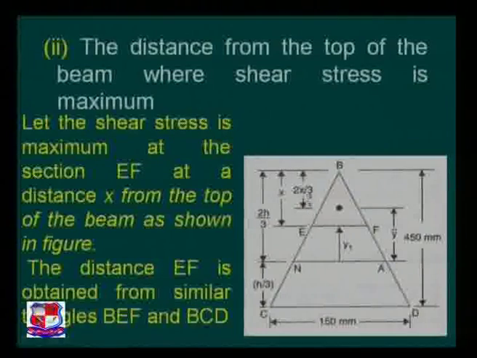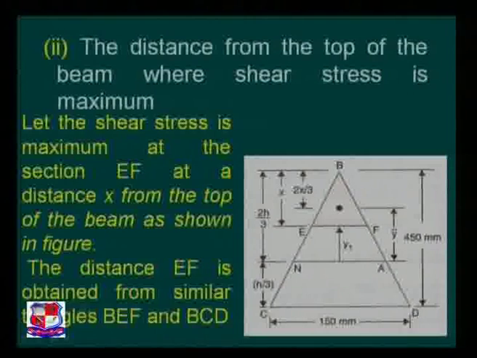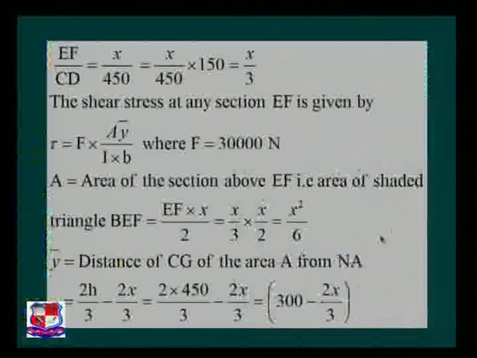So this value is 2x by 3. So we can find it as 2h by 3 minus 2x by 3. If you want to refer to the figure clearly, 2h by 3 is the total distance available, this one, minus 2x by 3, we obtain the value y bar.